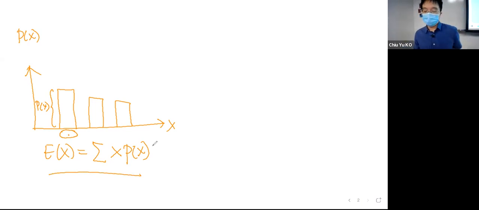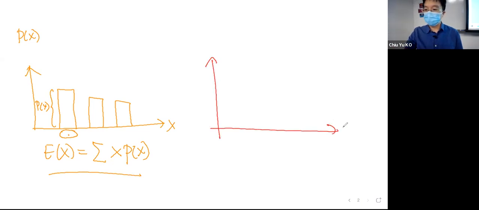For the probability function, you draw a graph. So this can actually be translated into f. Consider the same idea: we have f here, and f is something like this.